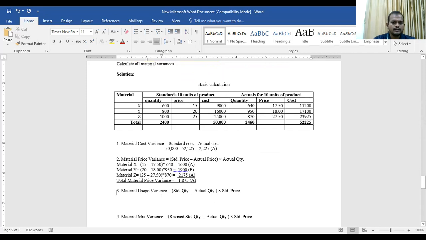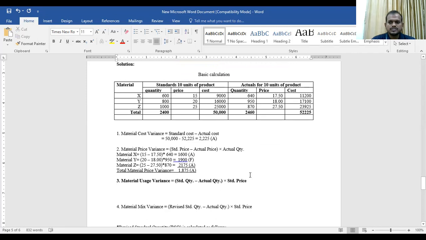So next one, material usage variance. How much standard quantity we estimated for the production and how much actual quantity we utilized.